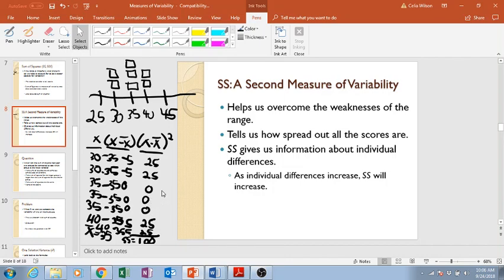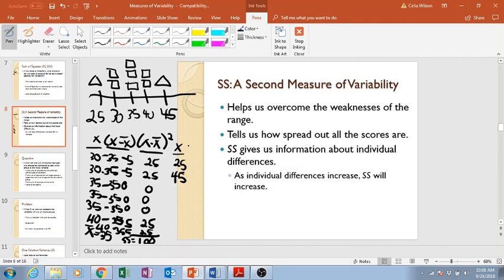All right? But let's look, what if we added a couple of scores and we added them over here. We added 125 and 145. All right, so now I'm just going to continue my list over here. So now I have another X, another score, which is going to be 25, and I have another one, which is 45.